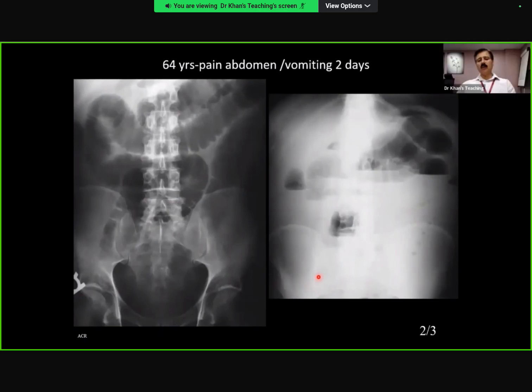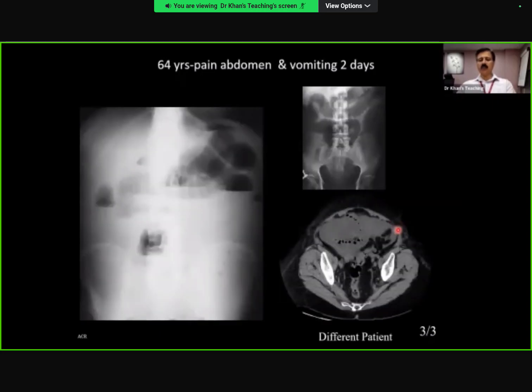Now, on an erect film, what happens is that you will get what we call air fluid levels. There is a lot of literature on this, so I don't want to go into that. The only thing is that this is known as string of beads, or string of pearls sign.